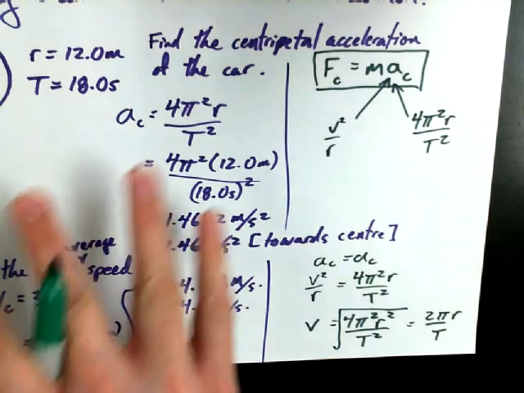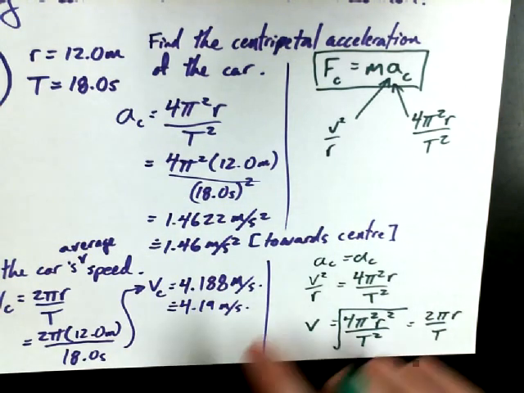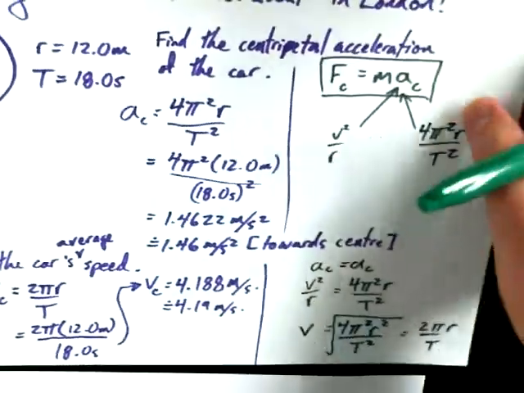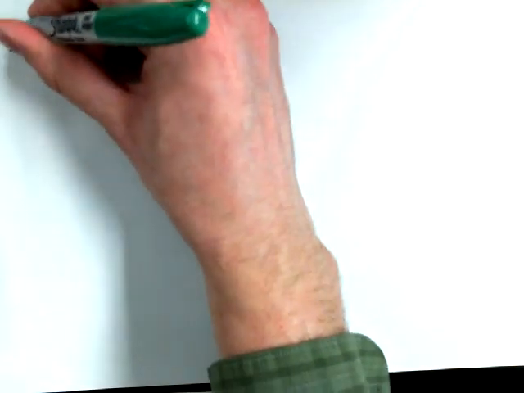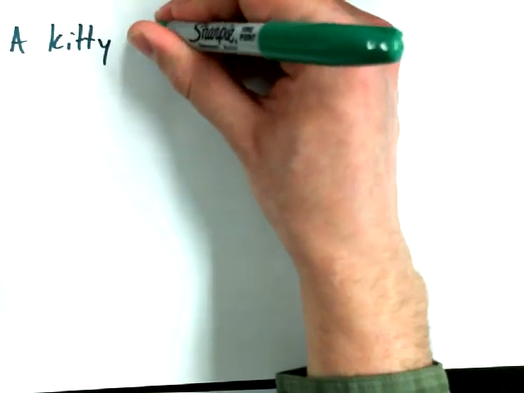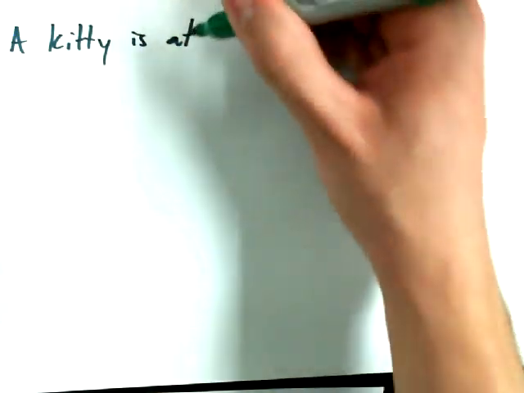So if I were to do this exact same question, let's do it just for fun. Let's say that a kitty is attached to a Newton spring scale.